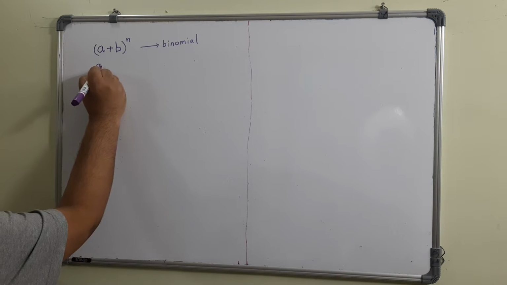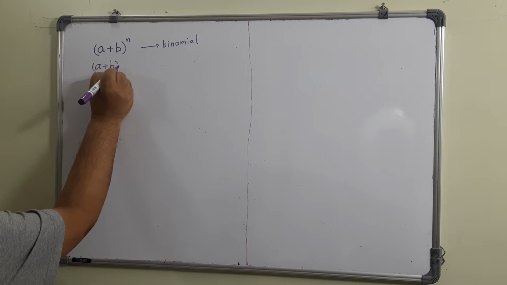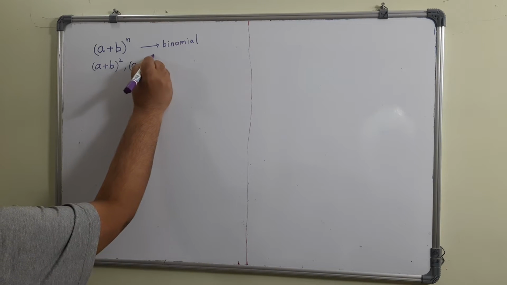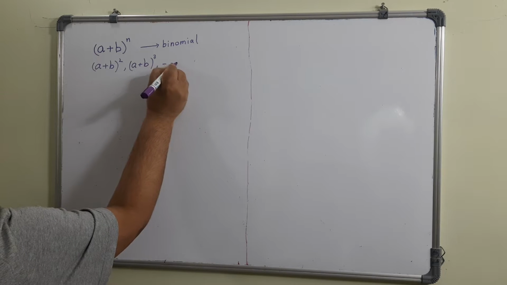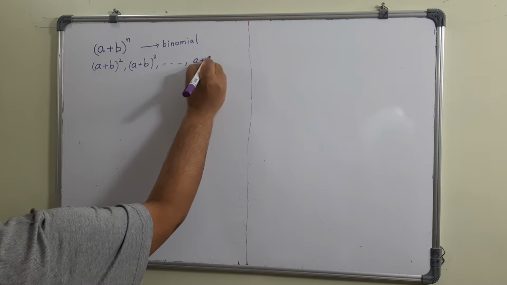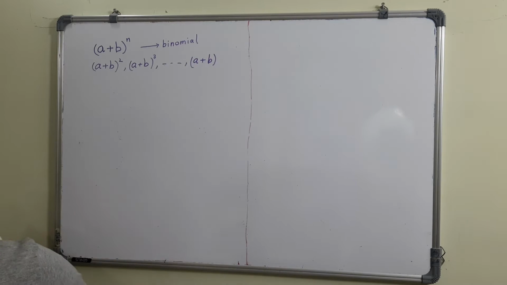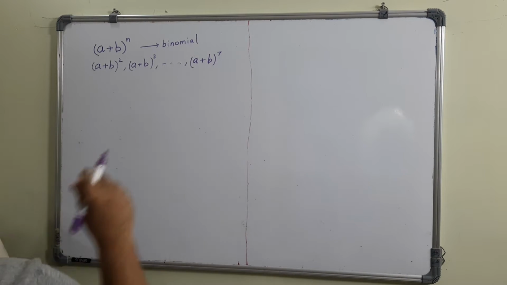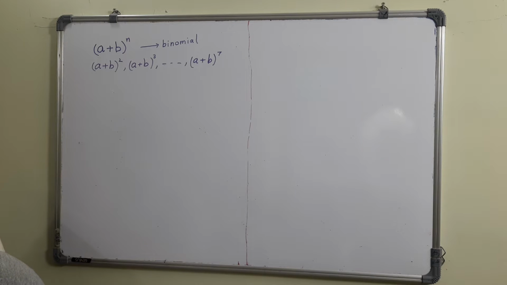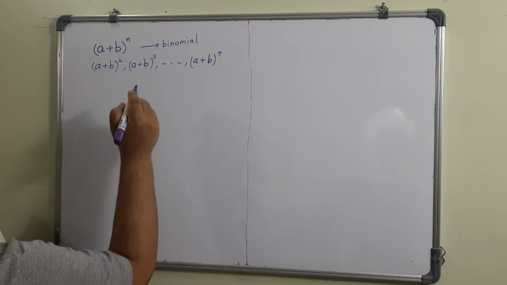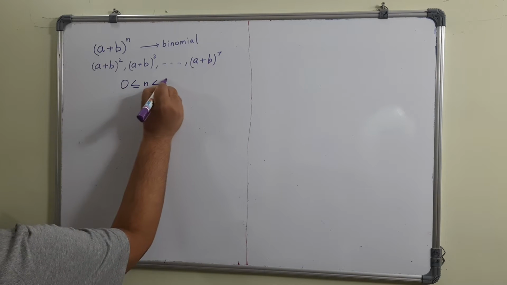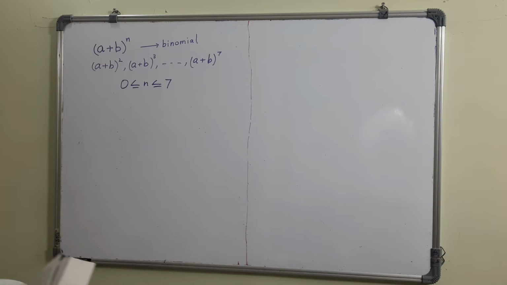So (a + b)^2, (a + b)^3, up to (a + b)^7 were known by the early mathematicians when n is 0 to 7. So this was known earlier.